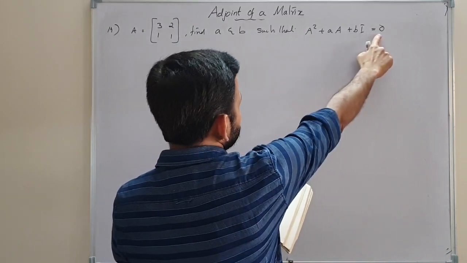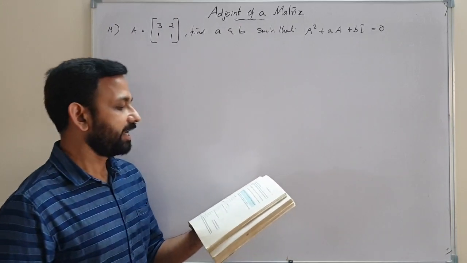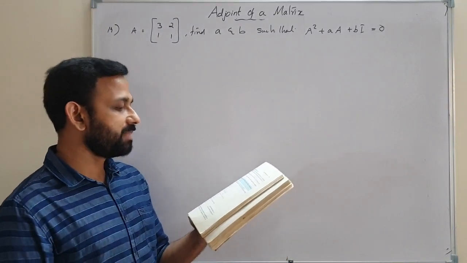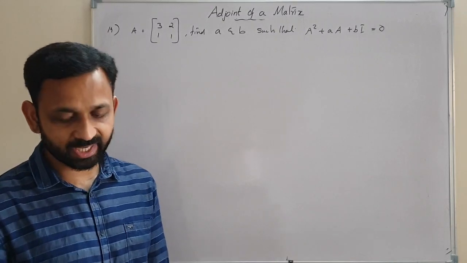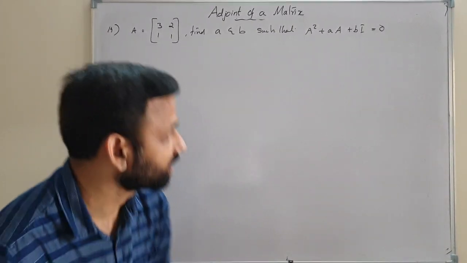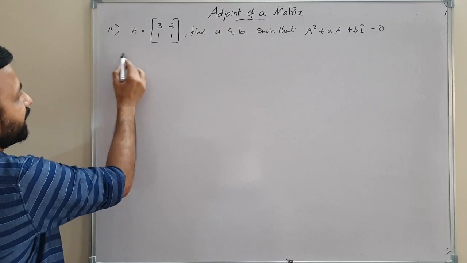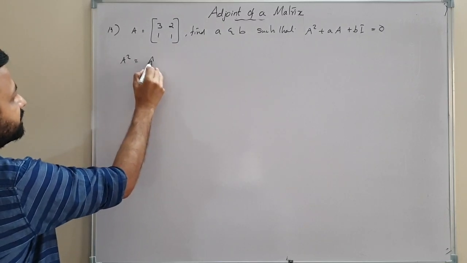This is not a 0, this is 0 matrix. A square plus aA plus bI equal to 0 matrix. We need to find the values of a and b. So here first we have to find A square, that is A into A.